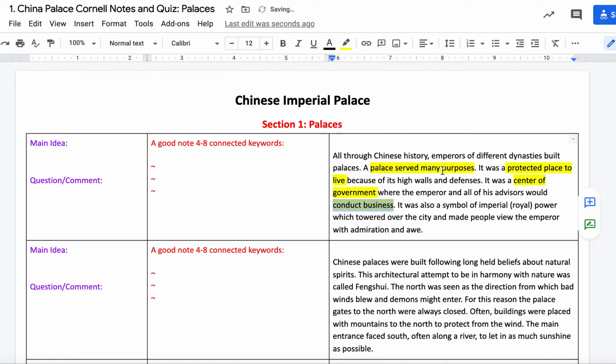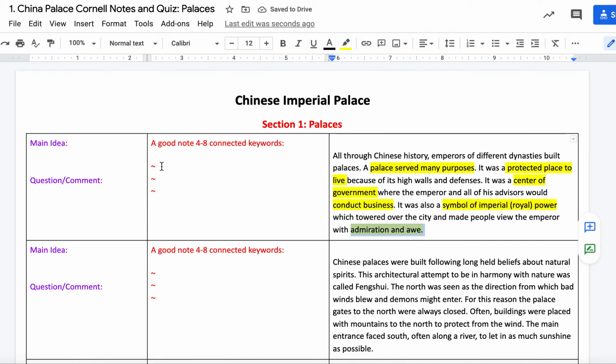And finally, it was a symbol of royal power or imperial power. That's an important phrase right there, which towered over the city, and it made people view the emperor with admiration and awe. So I would highlight that it leads to admiration and awe as well.